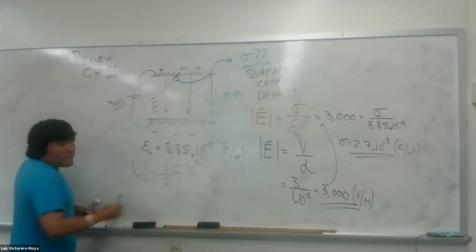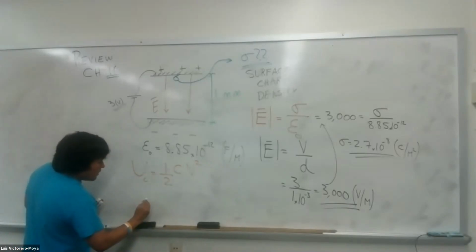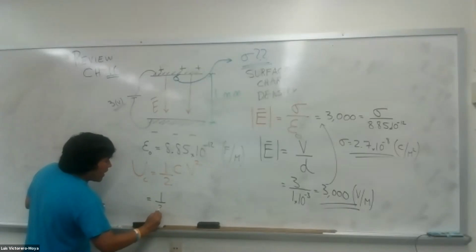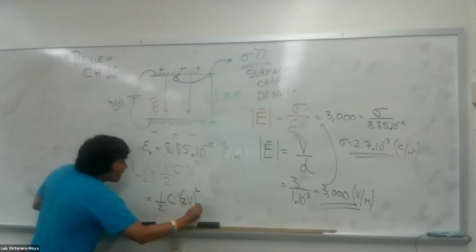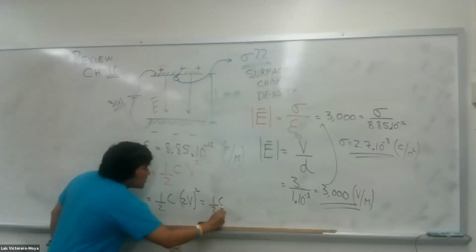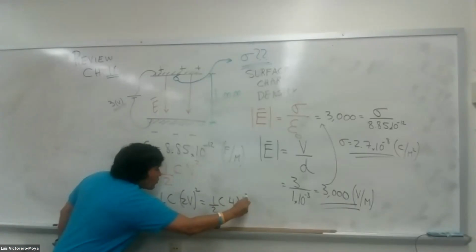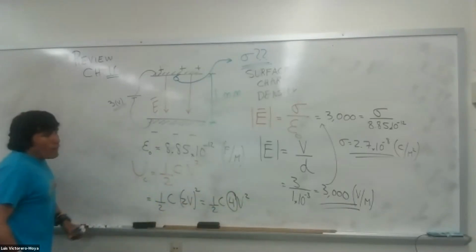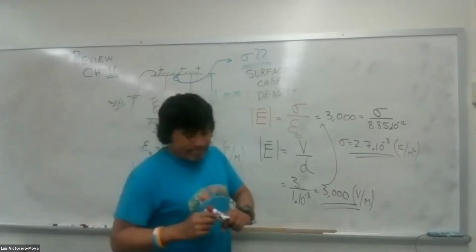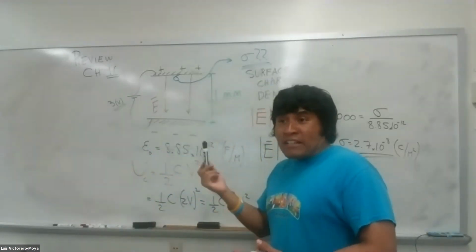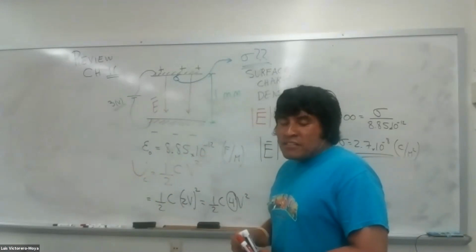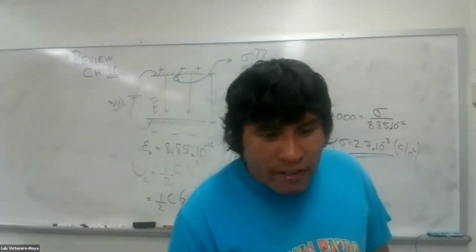If you double the potential, this will be 1/2 C twice V squared, 2 squared, 1/2 C 4V squared. It quadruples. So if you double the electric potential, the energy inside the capacitor increases by a factor of 4.